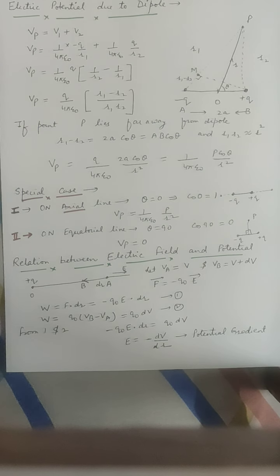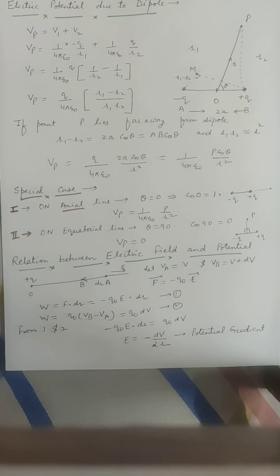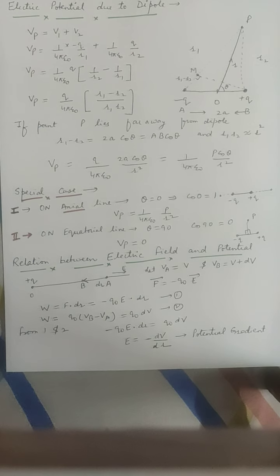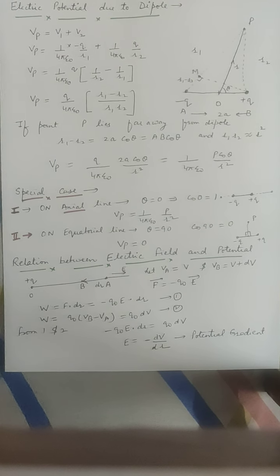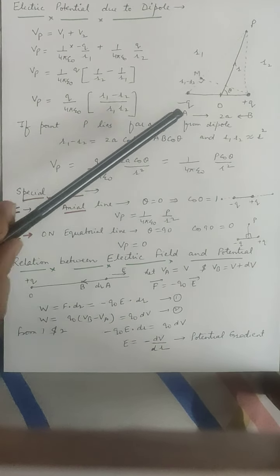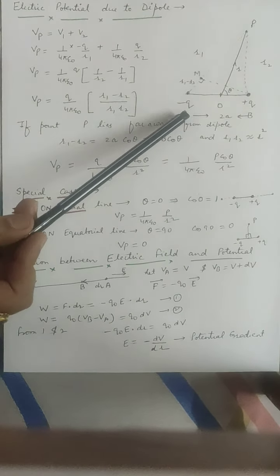Now let's try to derive electrostatic potential due to a dipole. Consider a dipole having a minus charge and a positive charge separated by a distance 2a. Consider any arbitrary position P where we are trying to find the value of electrostatic potential.